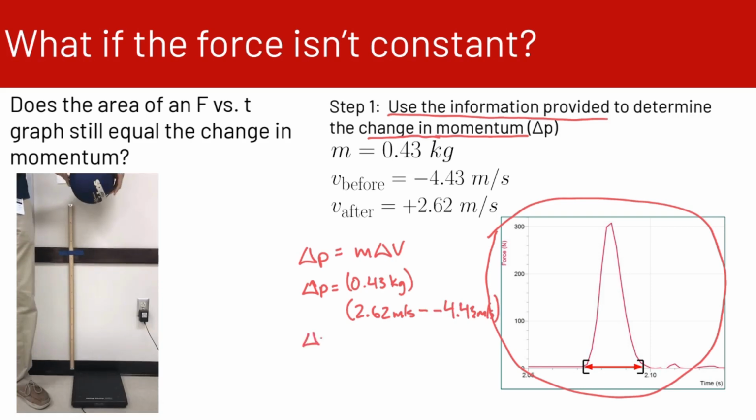So that ends up with a delta P of 3.03 kilogram meters per second.